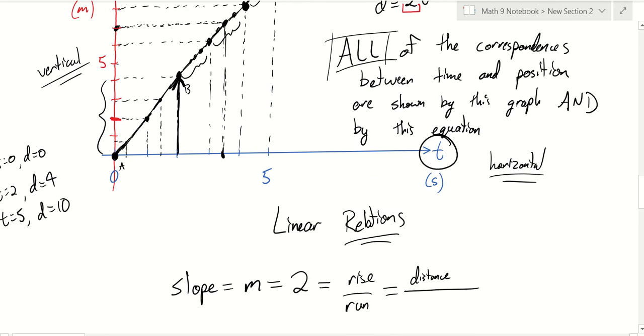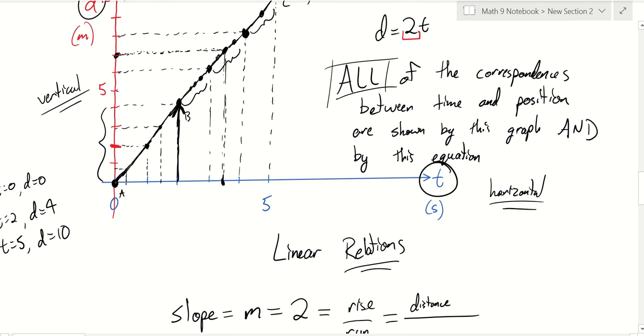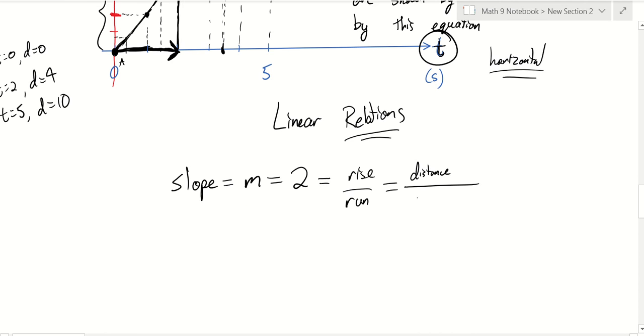And what is the run charting? The run is charting some change in your x values, or in this particular case, our time values. So the run is really just a difference in time values. And when we divide distance by time, really that's a formula for speed.